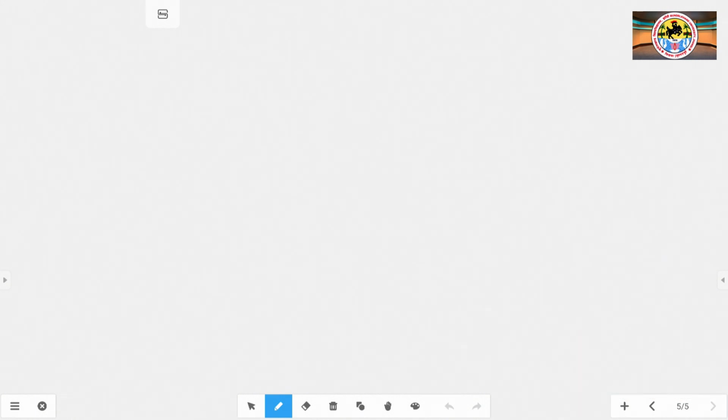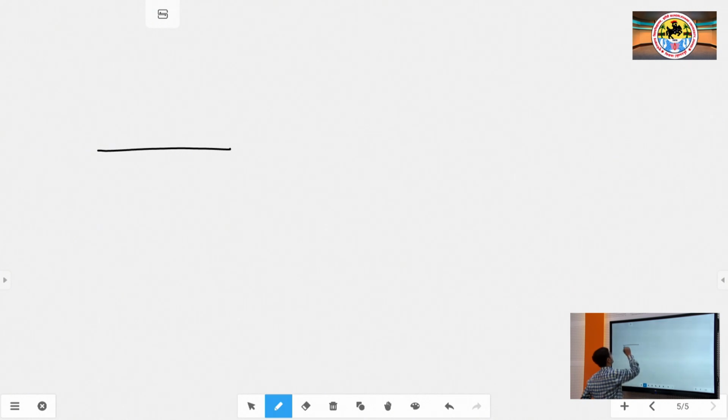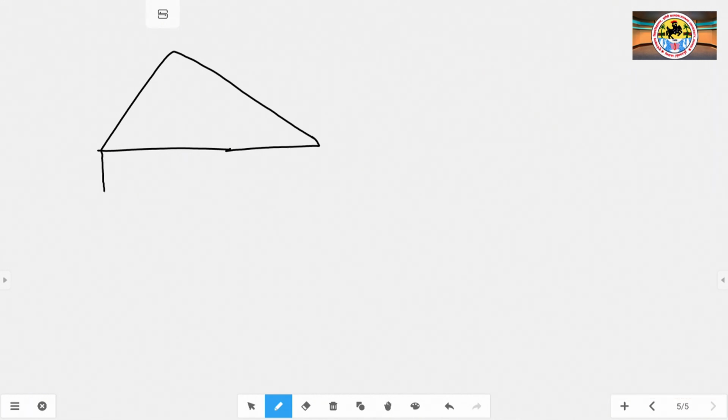So, suppose this is a truss, A, B, C is a truss. At ends B and C there is a support given, and at A one external load is applied, that is 10 kilonewton, suppose.